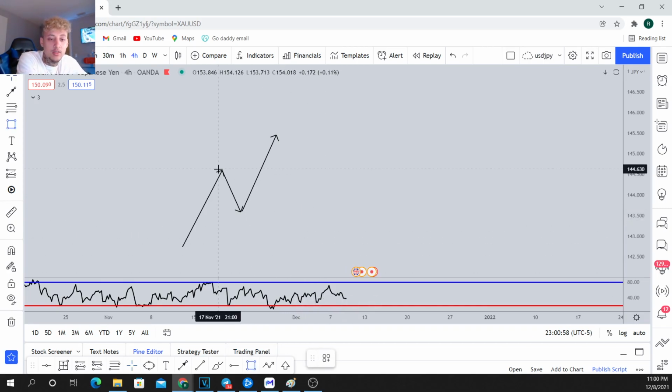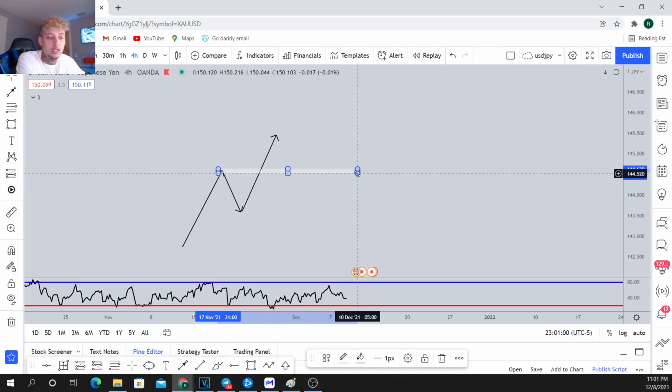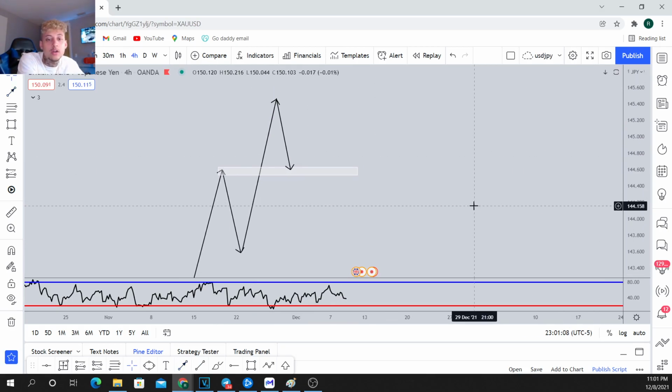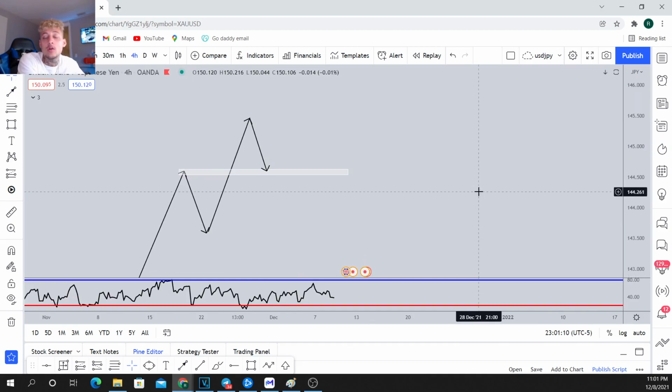So let's say that price is currently down here at the bottom, headed towards this range. And let's say price has pulled back into this area. You as a trader need to determine where you're going to get out if you're wrong and where you're going to get out if you're right before you take the actual trade. So let's say you make an entry here.